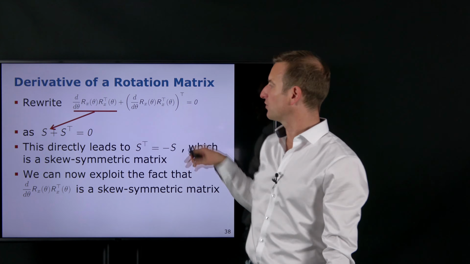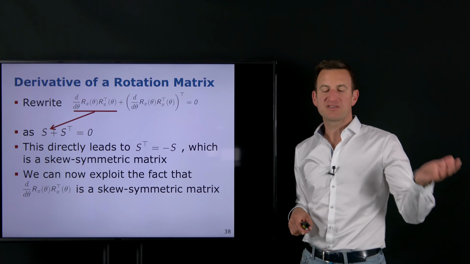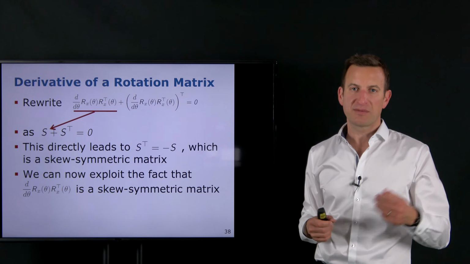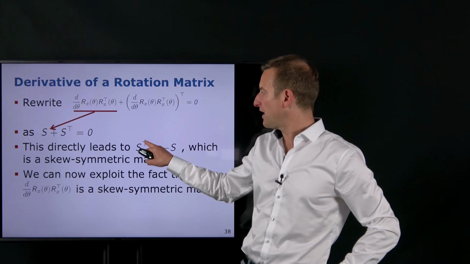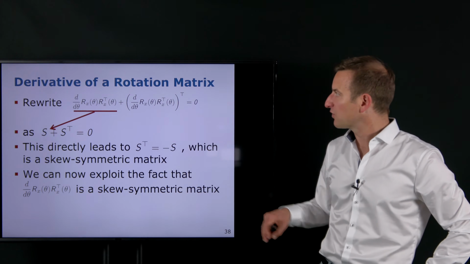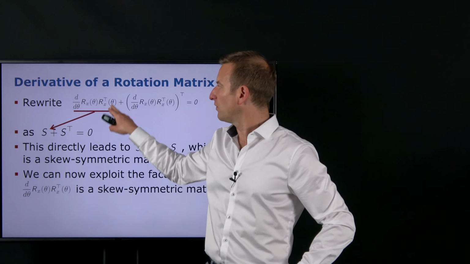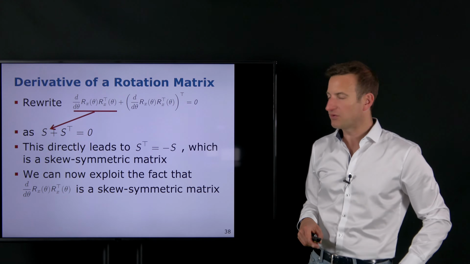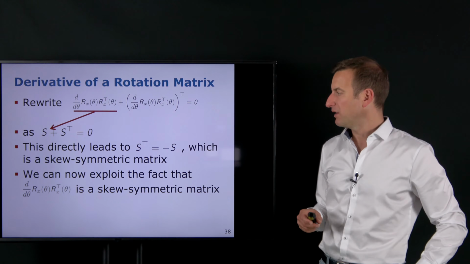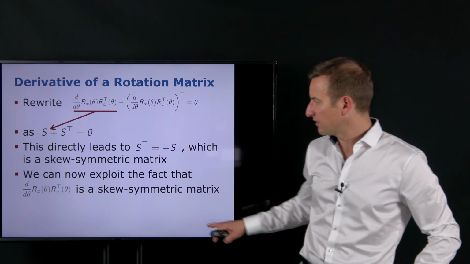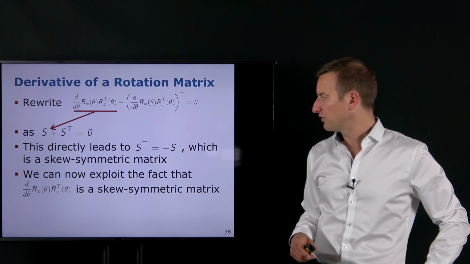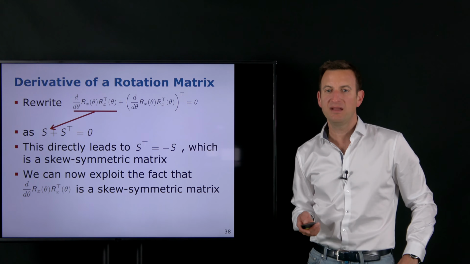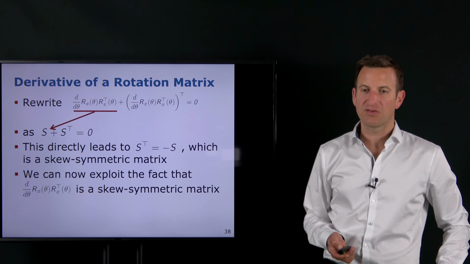And if I now move S to the other side by subtracting S from the left and the right-hand side of this equation, this directly leads me to S transposed equals minus S. So this means that this over here is a skew-symmetric matrix. And this is a fact that we can exploit, that the whole term over here is a skew-symmetric matrix. That can become handy when dealing with rotation matrices.